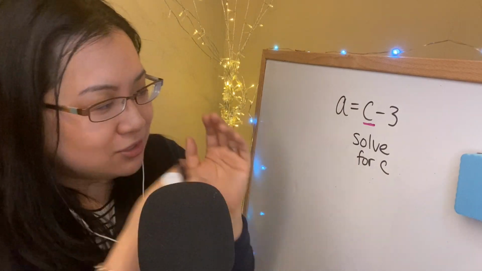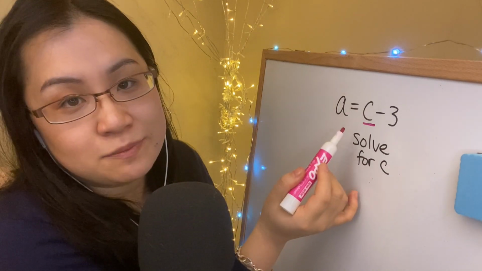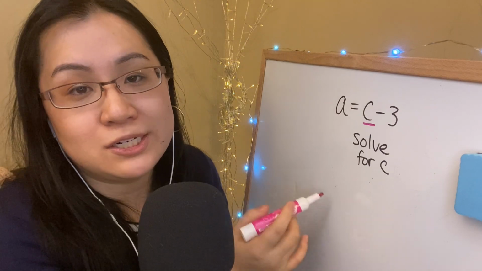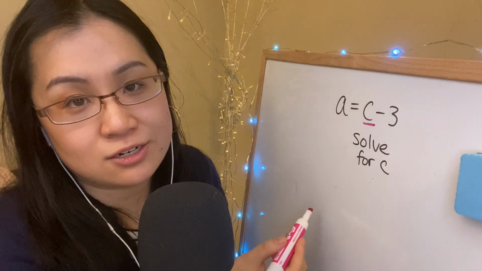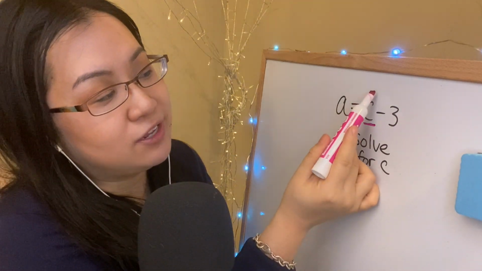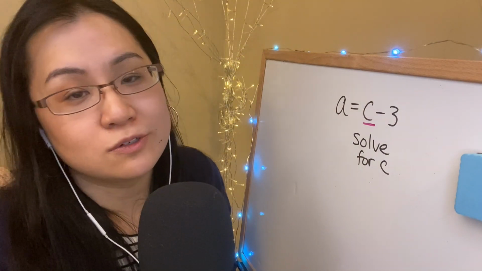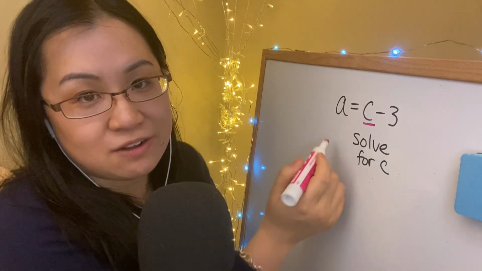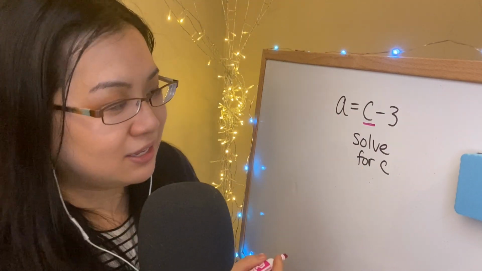So in this case, solving for C, I have a C right here, and it's good to keep in mind what is happening to it. So I have C, and I'm just going to subtract 3. Sometimes you'll have multiplication, exponents, or maybe a square root, or if you're doing more complicated functions, you might have a natural log or something like that.